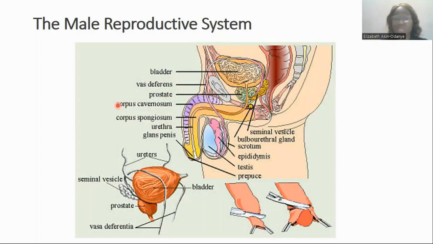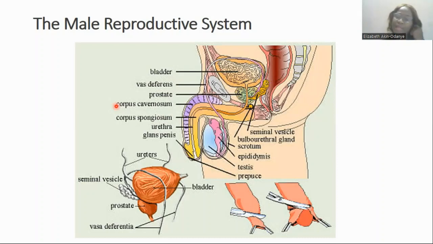The singular is corpus cavernosum, but we have 2 corpus cavernosa, one on either side of the penis. So we have the 2 corpus cavernosa and the corpus spongiosum.